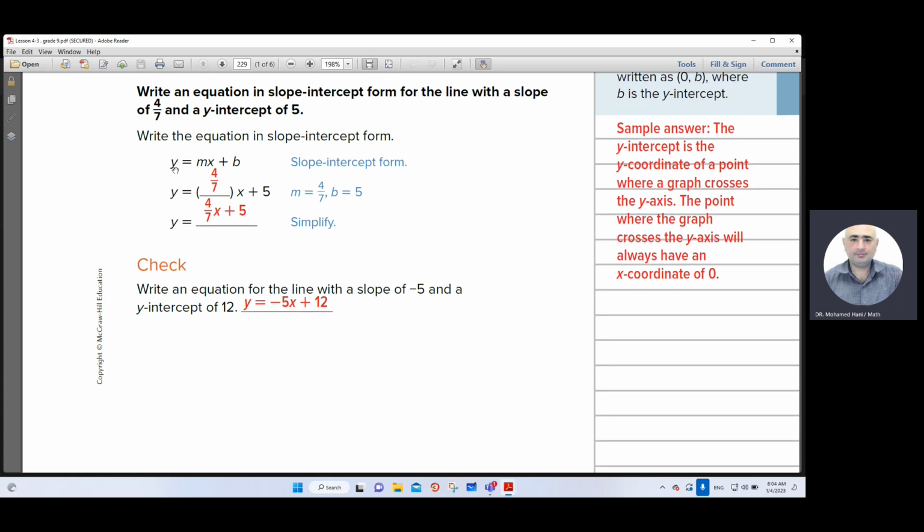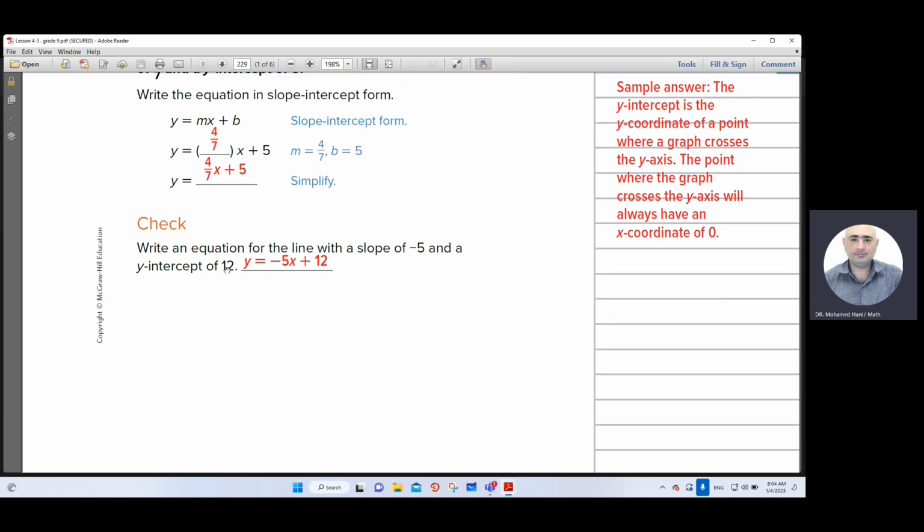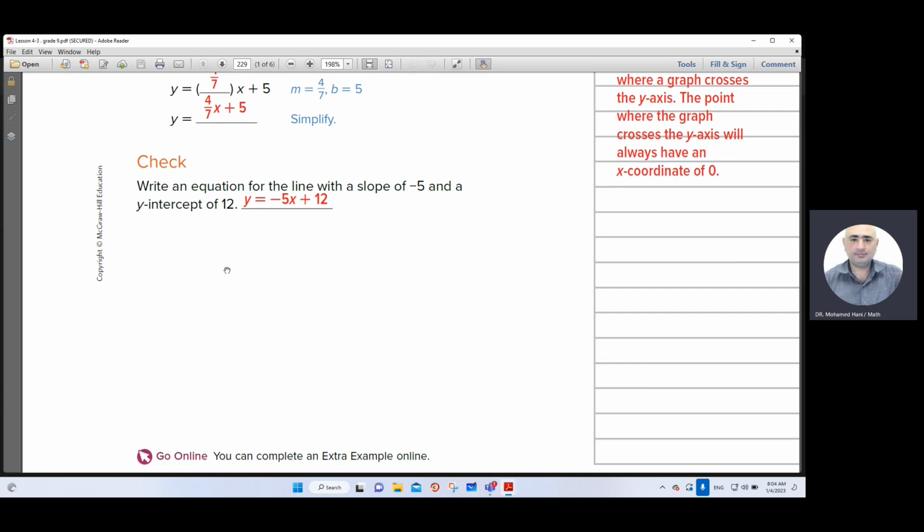We start by writing the form of the equation, y equals mx plus b, and then substitute the value of m, 4/7, and the value of b, 5. Then we wrote the equation. And here the same idea.